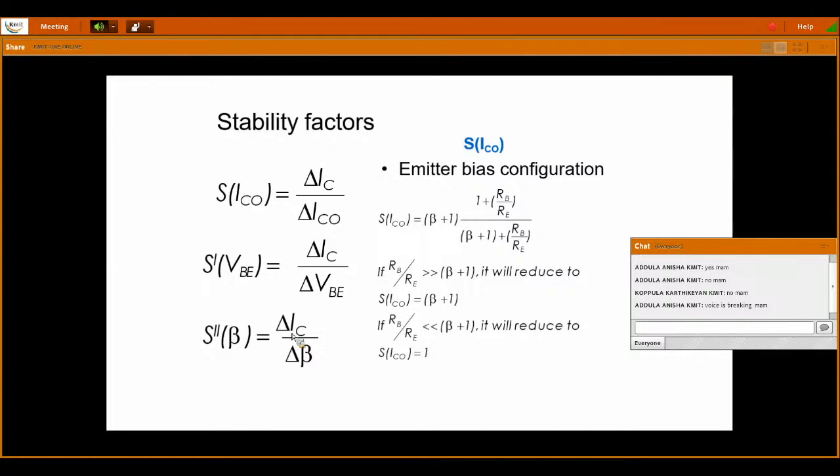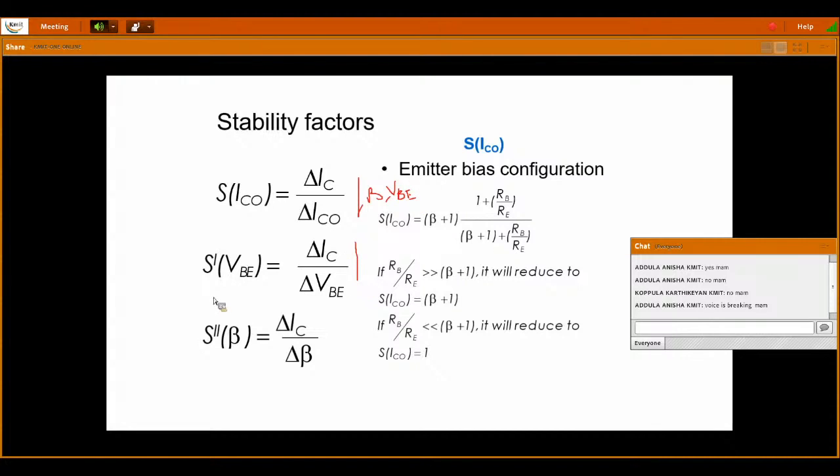So here, when I am making IC constant, I am varying my leakage current. The other two factors, beta as well as VBE, must be constant.